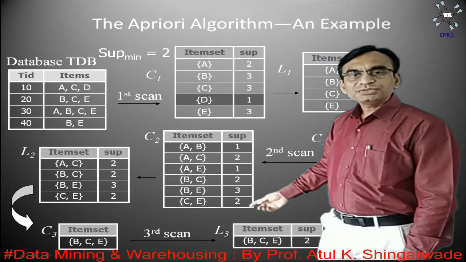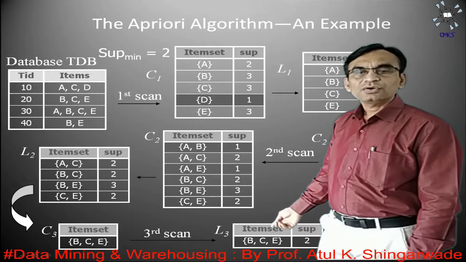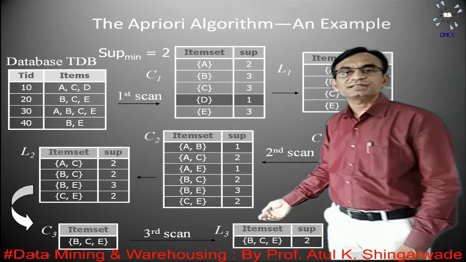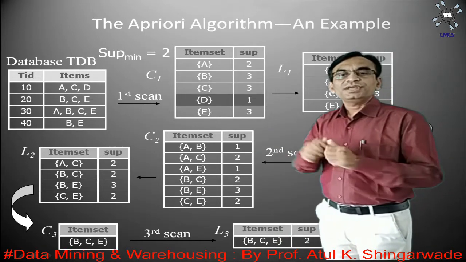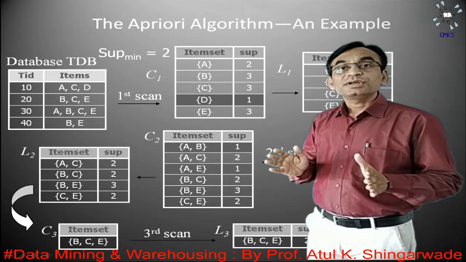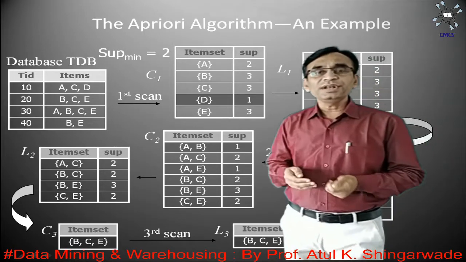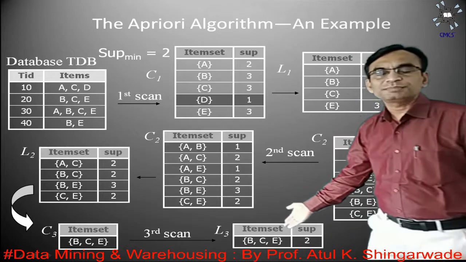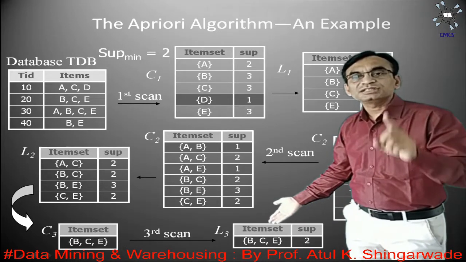Now, as we have only one association here, only one data set having BCE as the transaction together, we cannot go for level 4, because in level 4 we need the combination of 4 items, and that is not possible here with this particular 3, because we have only one transaction, and that transaction consists of 3 items.